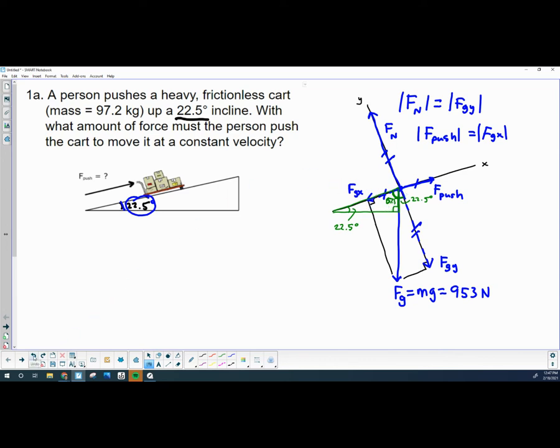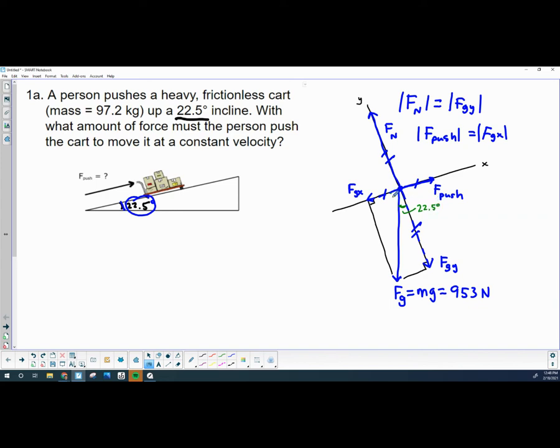So I'm going to go ahead and remove all the green lines, keeping in mind where the 22.5 degrees is. This angle here would be 22.5 degrees.